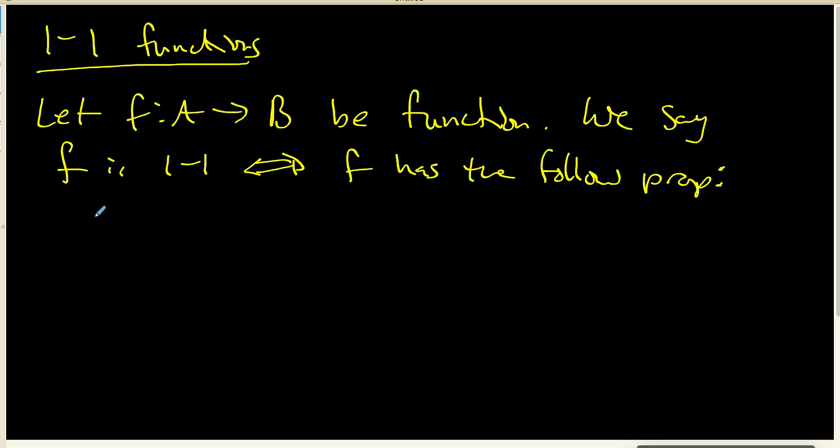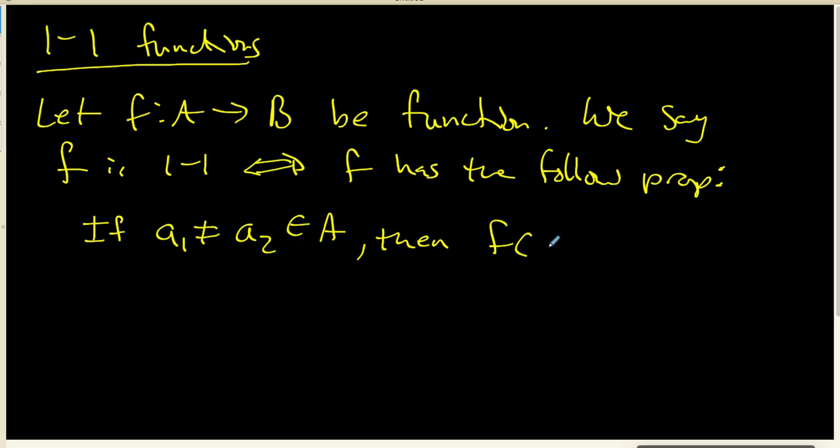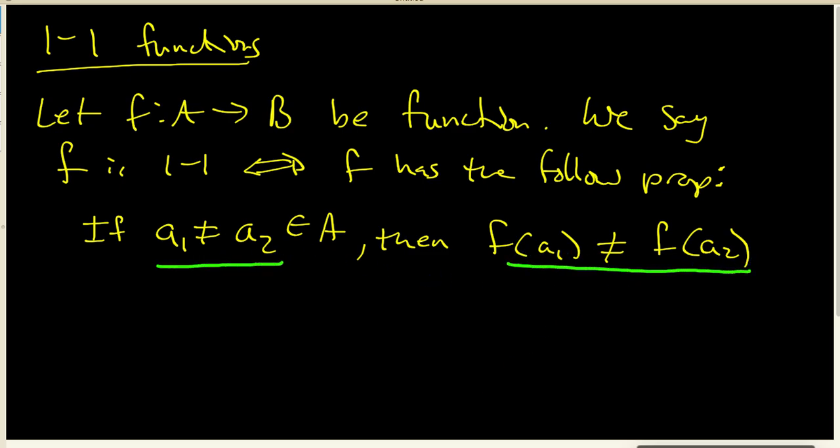It is an implication. The first is the way most people think about it when they first are introduced to this idea: if I take two things inside the domain, a one-to-one function is going to send those two distinctly different elements in the domain to two distinctly different elements in the codomain. In other words, if a1 is not equal to a2, then f of a1 cannot be equal to f of a2.